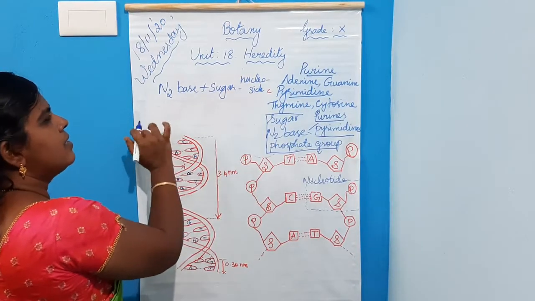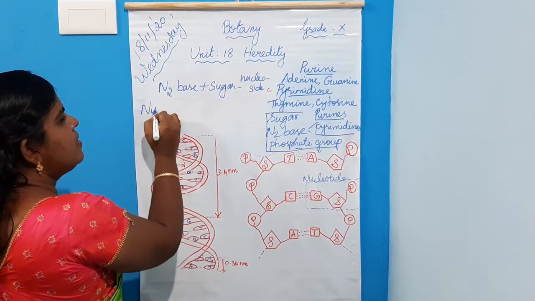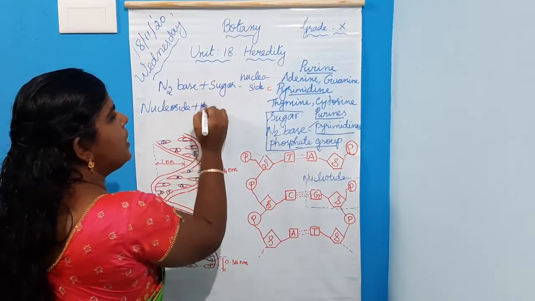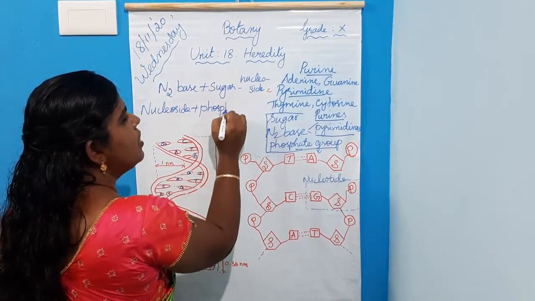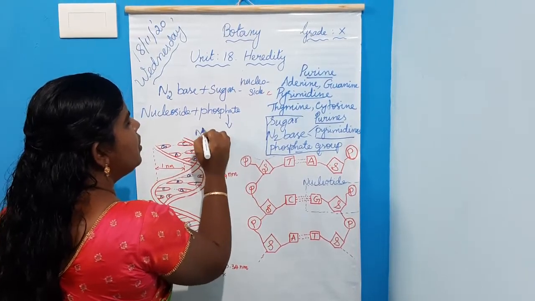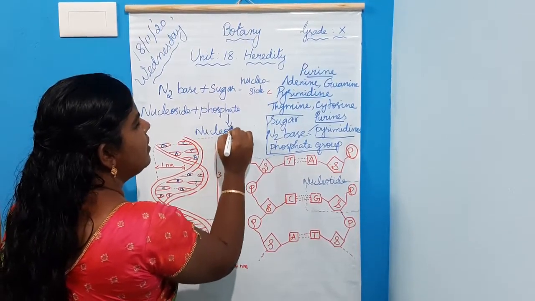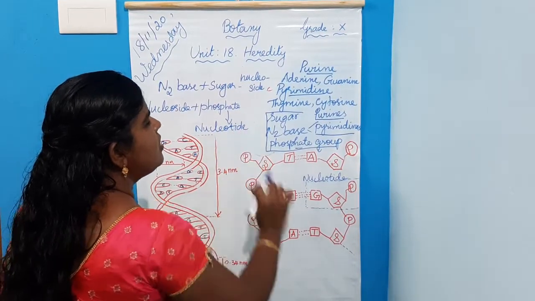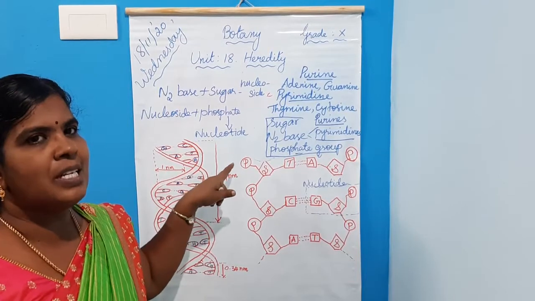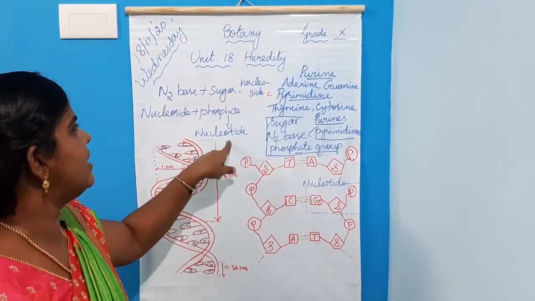The nucleoside then combines with the phosphate group to form a nucleotide. DNA consists of millions of nucleotides, so it is termed a polynucleotide chain.